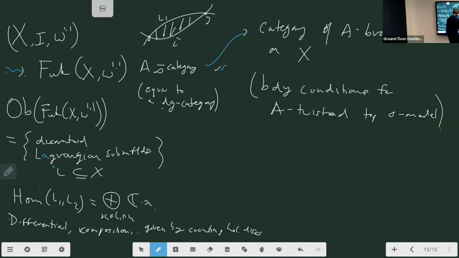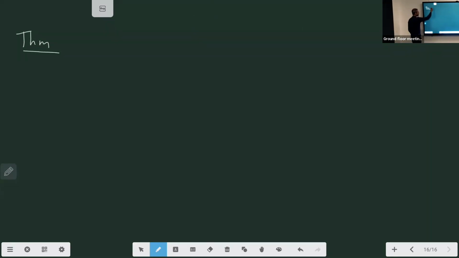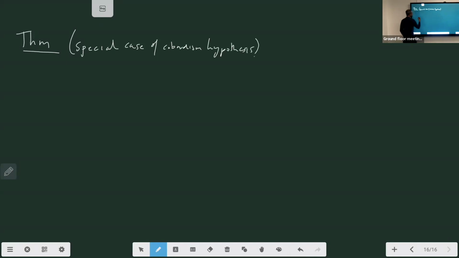And all of this has a common generalization, which is the following. There's another theorem called the cobordism hypothesis. So what I'm going to describe is a special case of the cobordism hypothesis. I'm going to take D equal to 2.